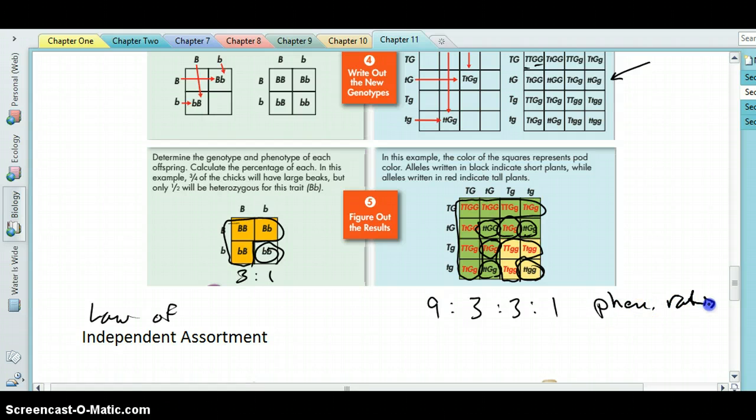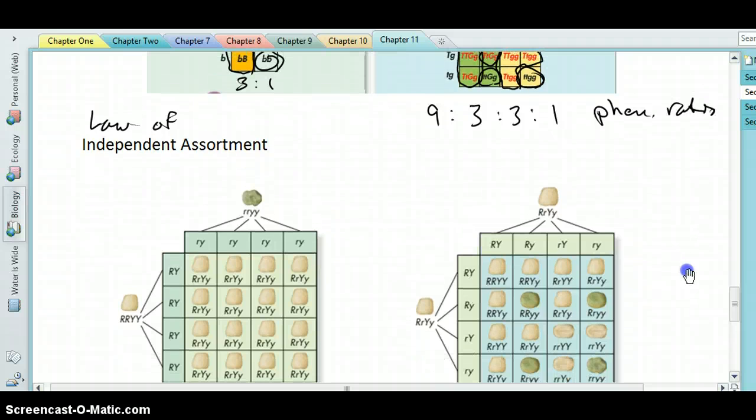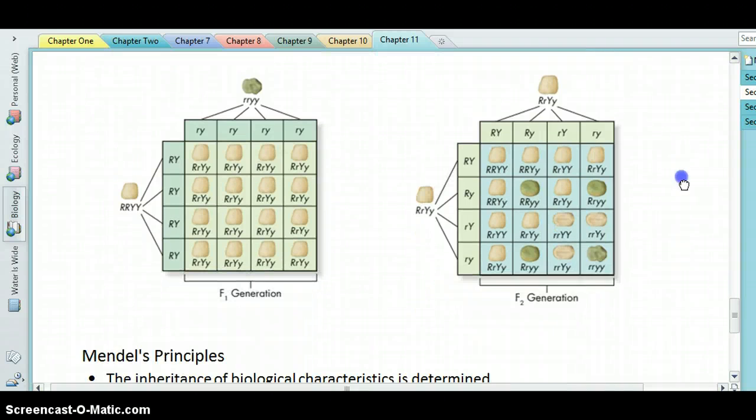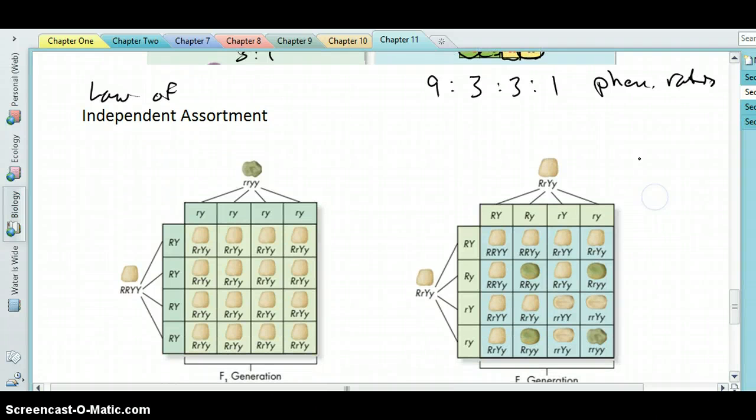Okay. So when we contemplate these dihybrid crosses, that leads to what Mendel called the law of independent assortment. And what the law of independent assortment says is that when you have, again, these two different traits, like R and Y, those two different traits sort independently of each other. That is, you're going to get all possible combinations. And why is that?